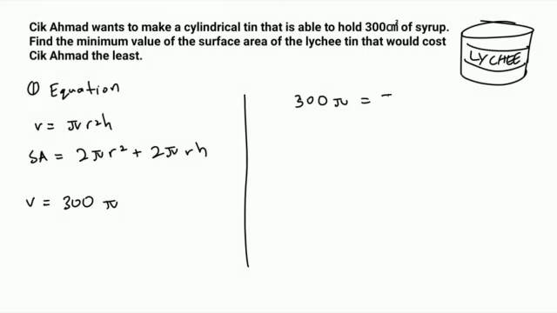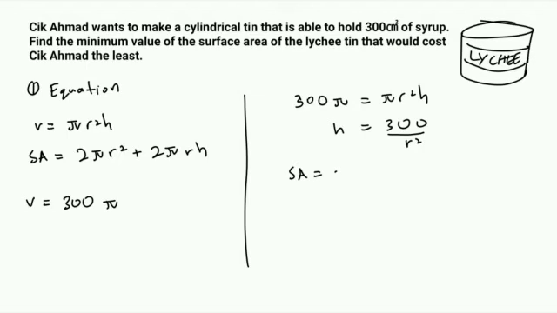So we can compare: 300 pi equals pi times radius squared times height, because both equations are for the volume of the cylinder. Let's make height, which is h, the subject. So we get h equals 300 over r squared.